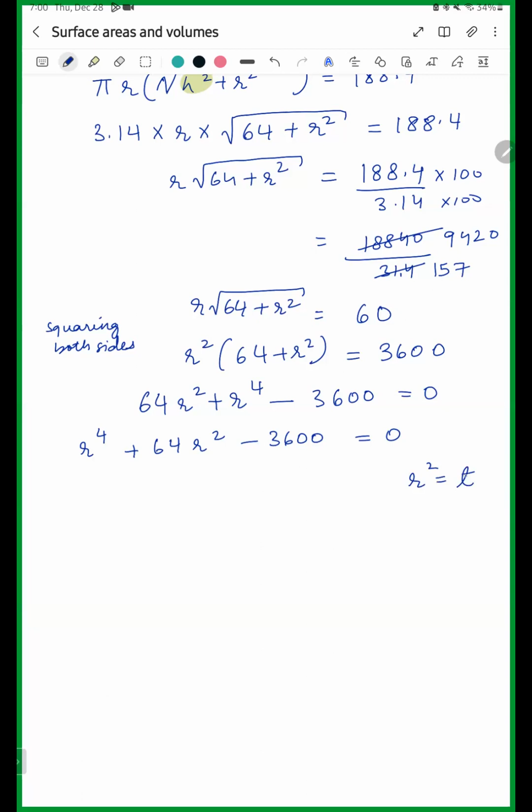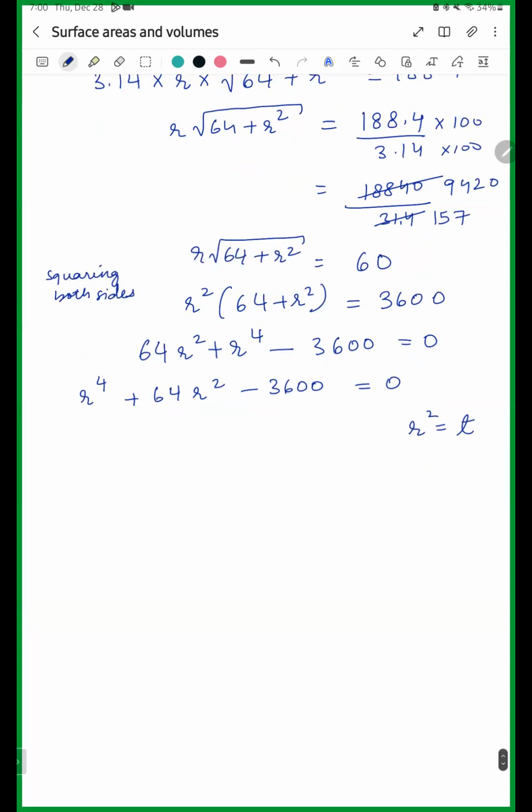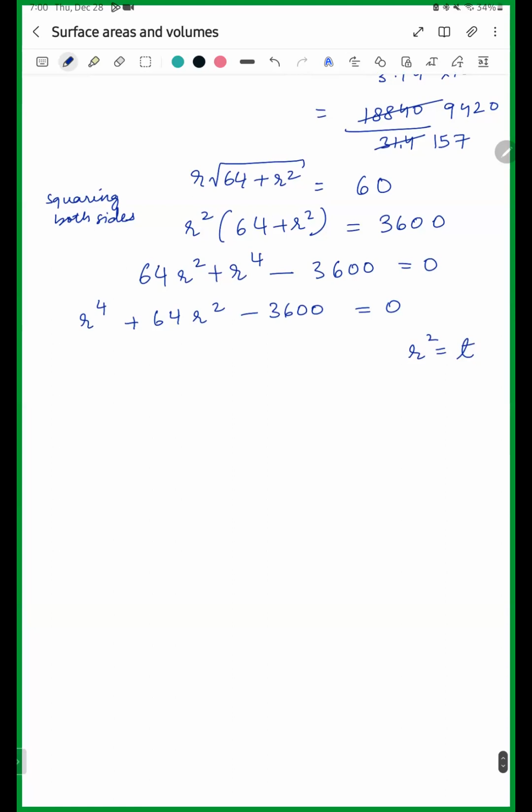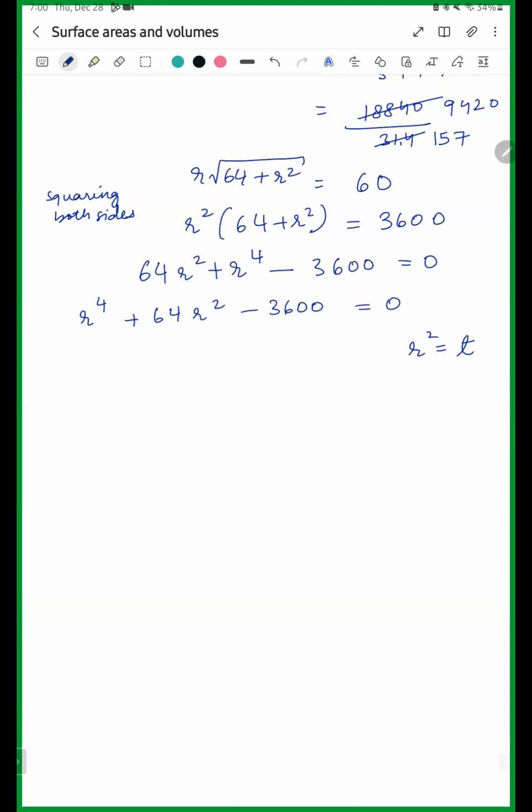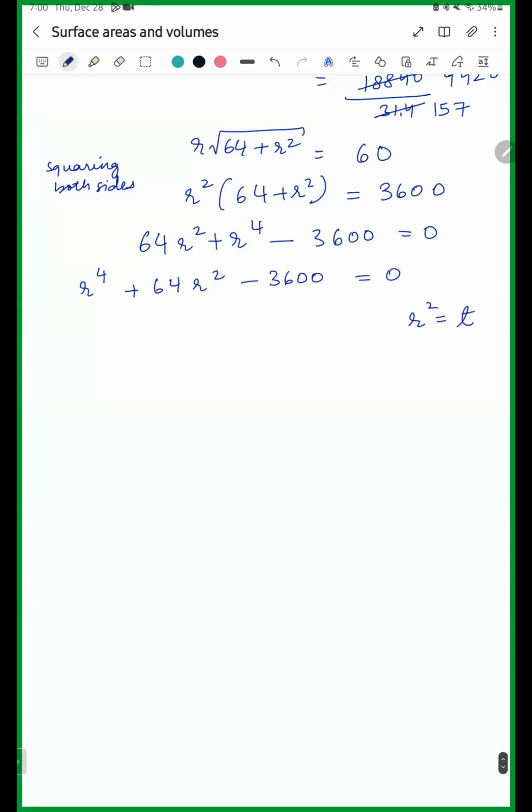Okay, this is one way in which you can solve equations which are of the fourth power, but they don't have any term of degree 3, any cubic term. So in such a case, you can take r square as any other variable t. So this becomes t square plus 64t minus 3600 is equal to 0. Okay. Now this we can solve using splitting the middle term. We can factorize this.